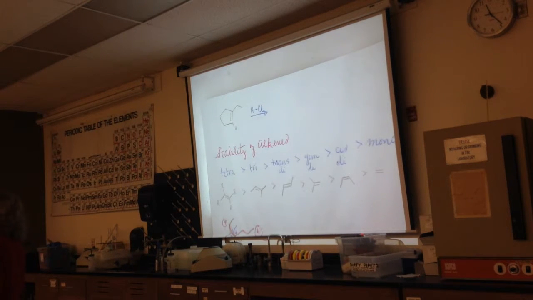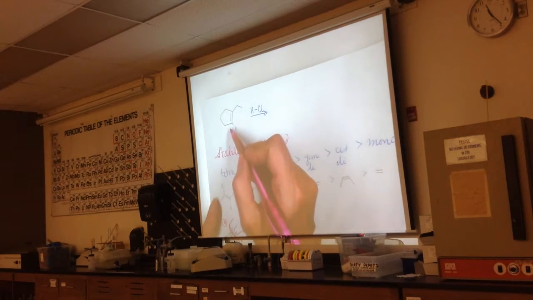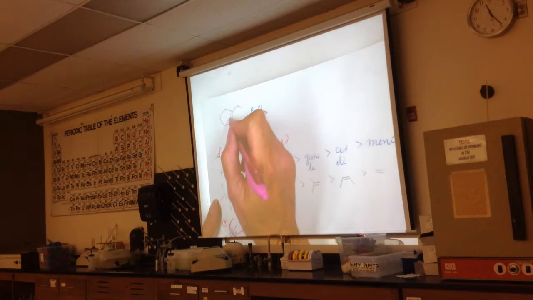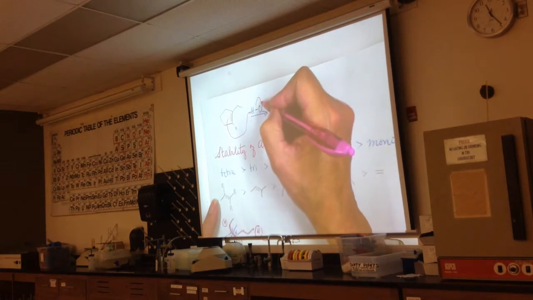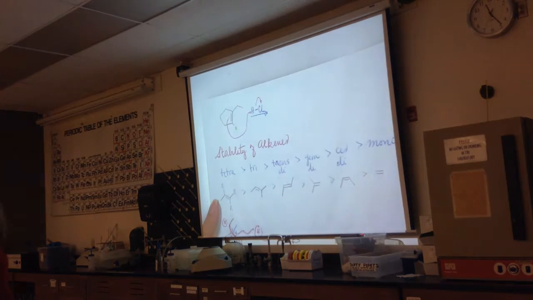Who's richer in electrons? The pi bond. Okay, so the reaction begins like that. I am unsaturated. I want electrons. So I'm going to go after you, and you're going to break heterolytically, and you're going to generate a carbocation.